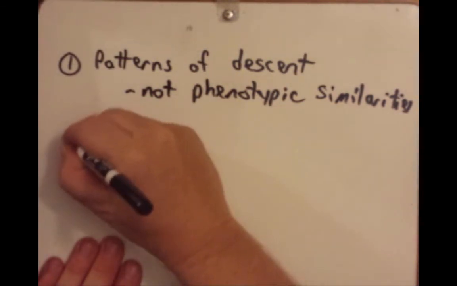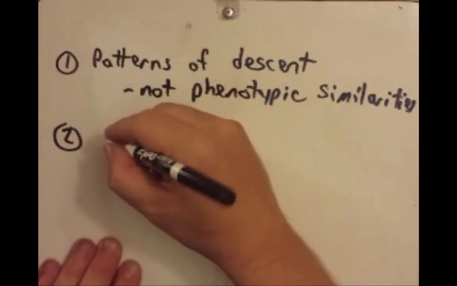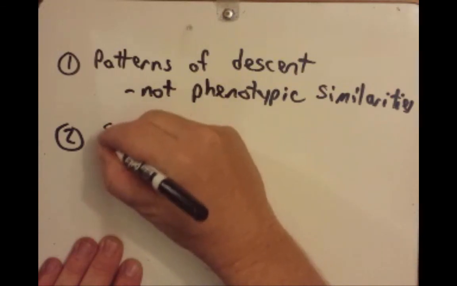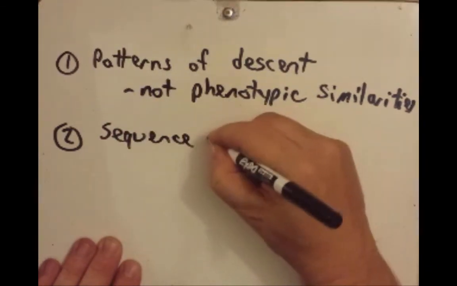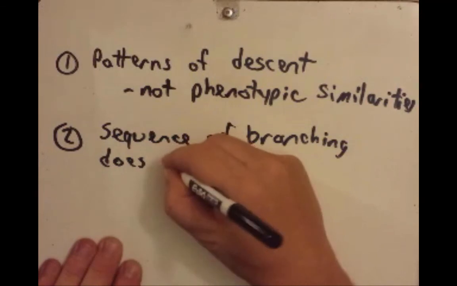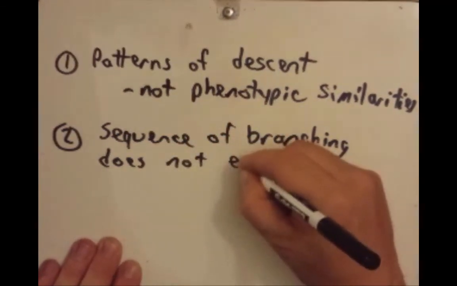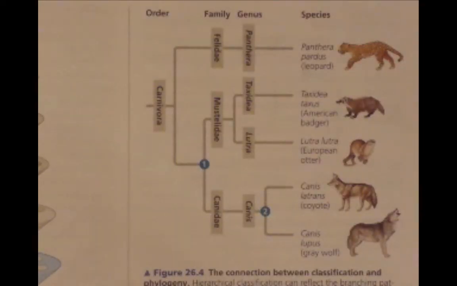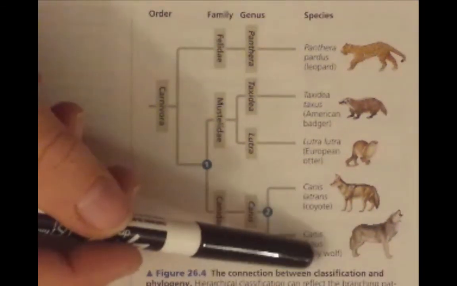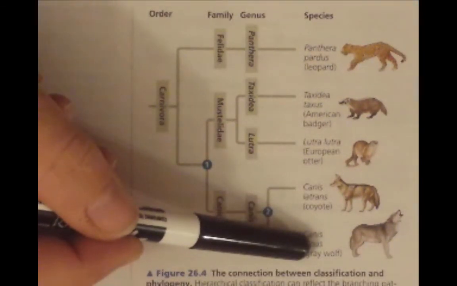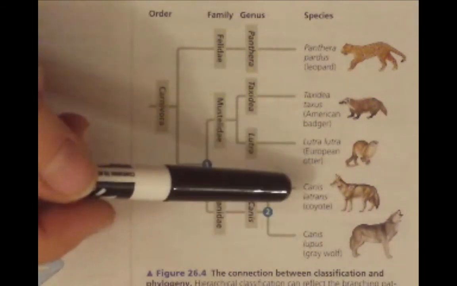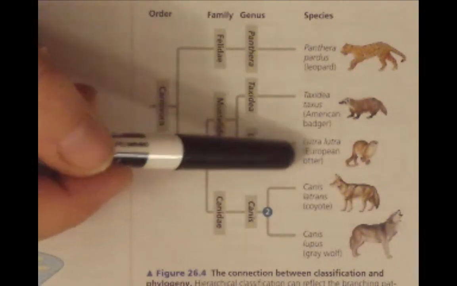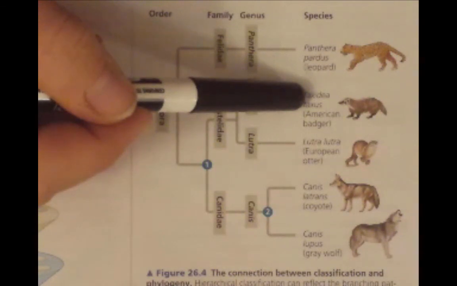The second is that the sequence of branching does not equal the age of the species. For instance, if we look at figure 26.4 in your textbook, we cannot necessarily say that the gray wolf evolved before or after the European otter or the American badger.